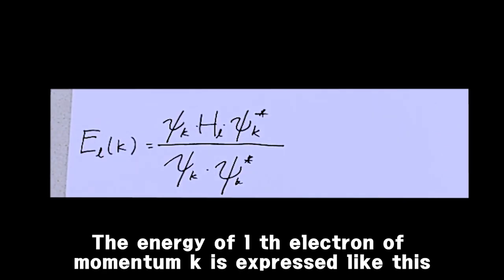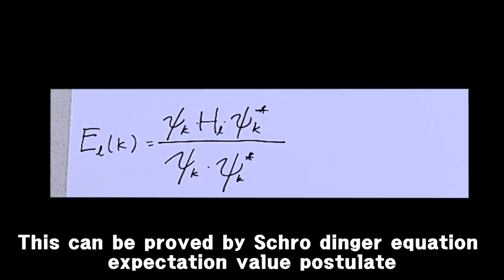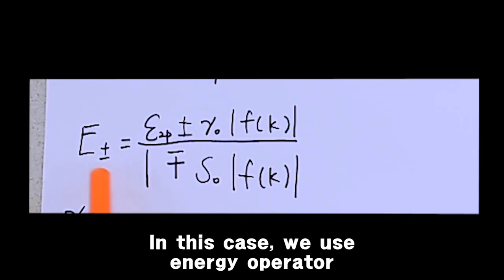The energy of the lth electron of momentum k is expressed like this. This can be proved by the Schrödinger equation expectation value postulate. In this case, we use the energy operator.